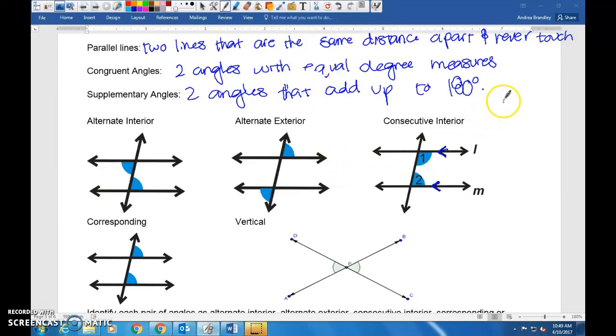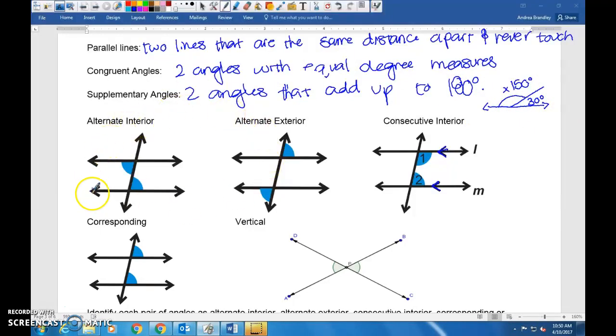Okay, so if we think about a straight line, it is 180 degrees. That's what this angle would be. So if I had an angle right here, for example, that was 30 degrees, I could find this angle by subtracting 30 from 180. So 180 minus 30 is 150 degrees. So it's just important to know that a straight line gives us 180 degrees.